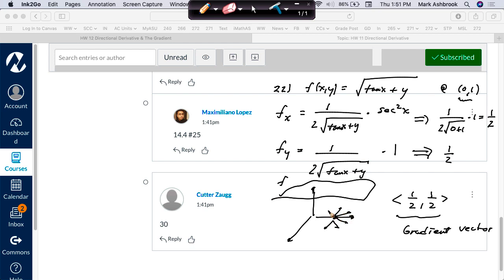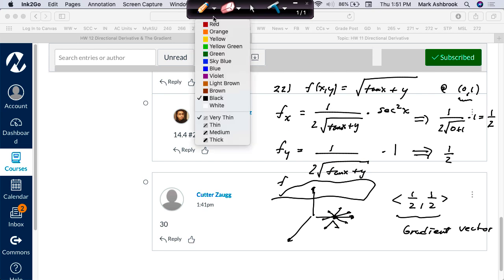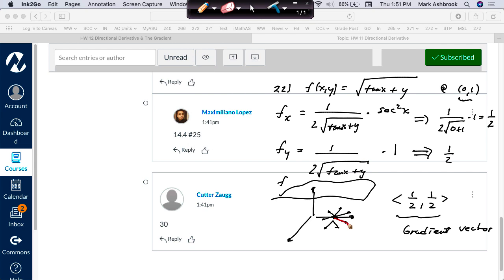We could go any direction. And then the directional derivative told us what? Say I choose this direction right here, and I do the directional derivative for that chosen direction. What will that value mean? What will that give me?